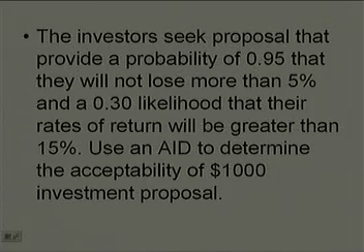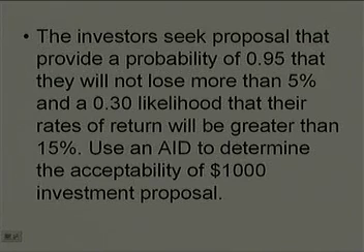In this problem it is given that the investors, that means who is investing his money, $1,000, seek a proposal that provides a probability of 0.95 that they will not lose more than 5%, and a 0.30 likelihood that their rates of return will be greater than 15%. So this is the aspiration of the investor.